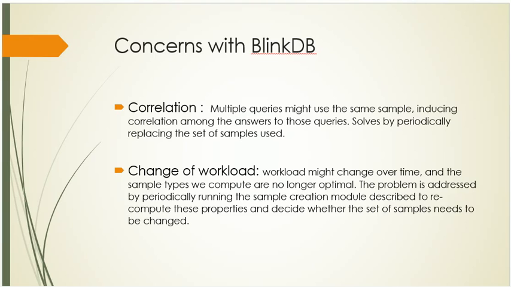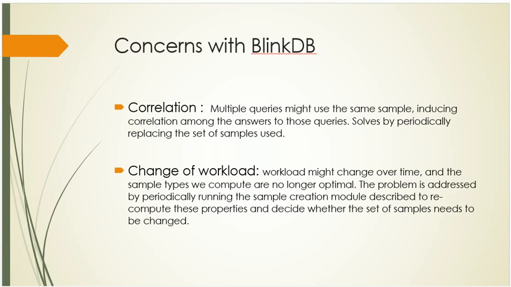By contrast, in a system that creates a new sample for each query, a higher answer for the first query is not predictive of a higher answer for the second. However, as we have already discussed, pre-computing samples is essential for performance in a distributed setting. We address correlation among query results by periodically replacing the set of samples used.